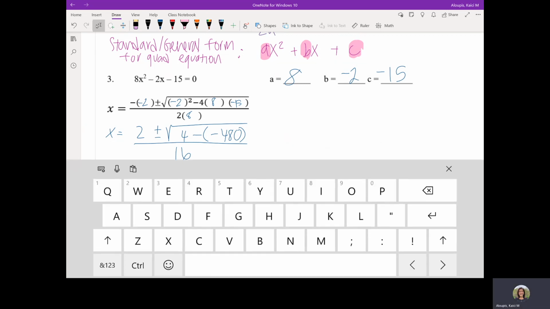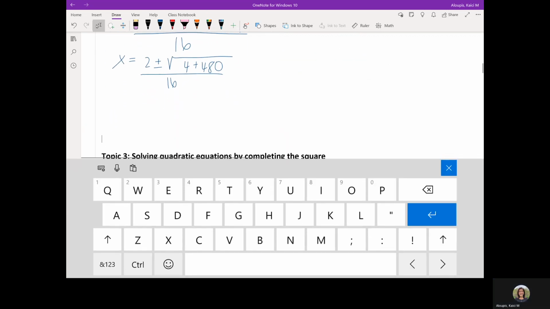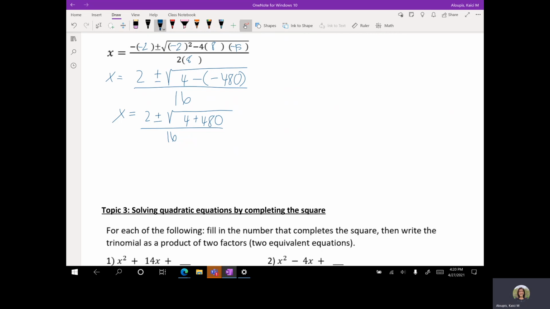X is equal to 2 plus or minus the square root of 4 plus 480, well, that's 484. Remember, this is all over 16. And now we have to find out what is the square root of 484.